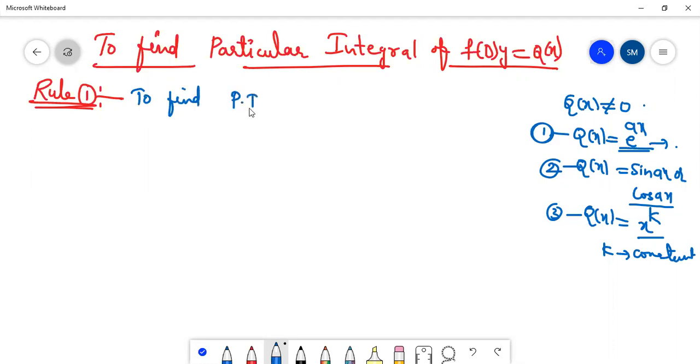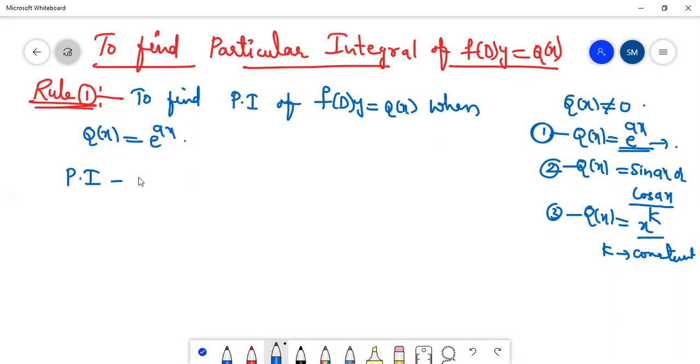the particular integral of f of D into y equals q of x, when q of x is equal to e power ax. We know that the particular integral is yp equal to 1 by f of D into q of x. It is equal to 1 by f of D into e power ax.